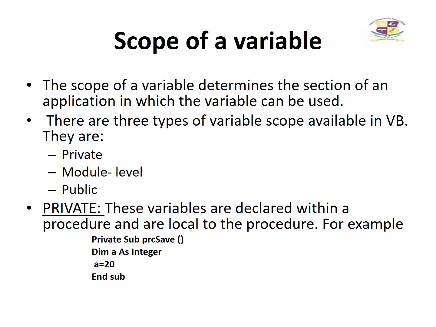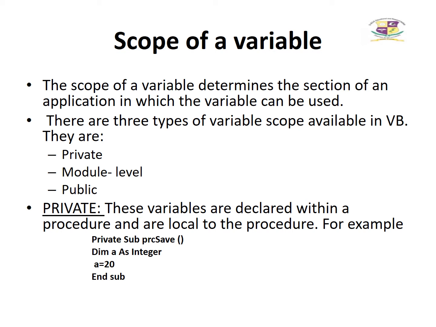Scope of the variable. The scope of a variable determines the section of an application in which the variable can be used. There are three types of variable scope available in VB. They are private, module level, and public. In private level, the variables are declared within the procedure and they are local to that procedure.